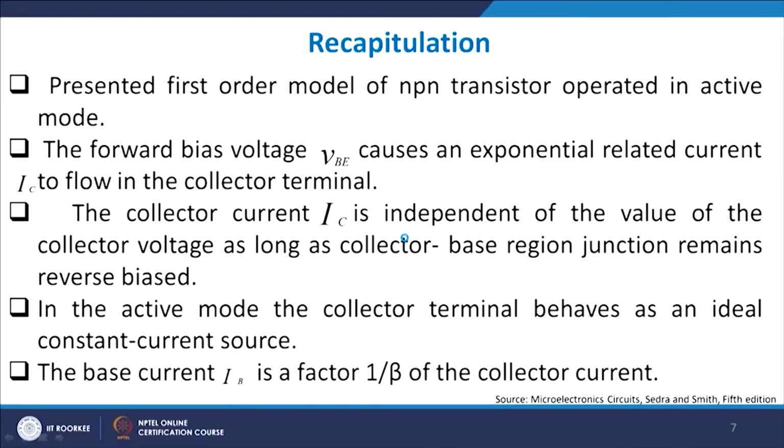Active mode is when the emitter base junction is forward biased and the collector base junction is reverse biased. Any forward biased junction will always cause an exponential change in the value of current, and therefore the collector current IC is independent of the value of the collector voltage as long as the collector base junction remains reverse biased.